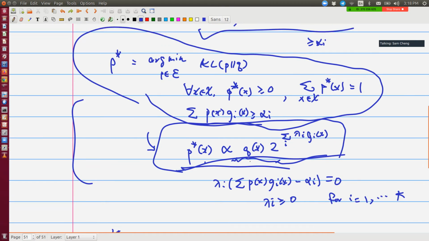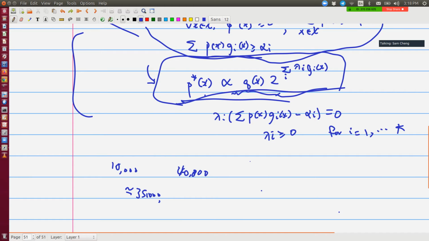The condition we have here is, say the sum is bigger than or equal to 40,000. Then it's basically saying that I should have the sum of P(x) g(x) bigger than or equal to 4.